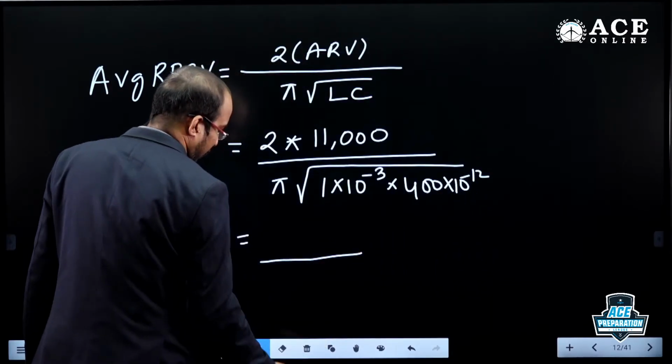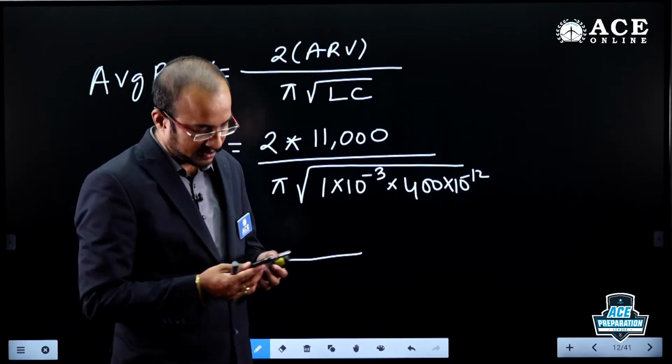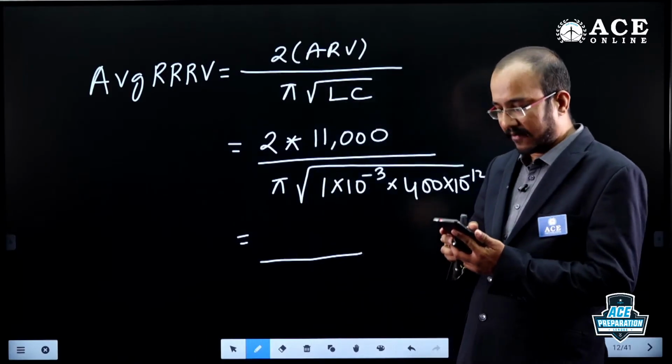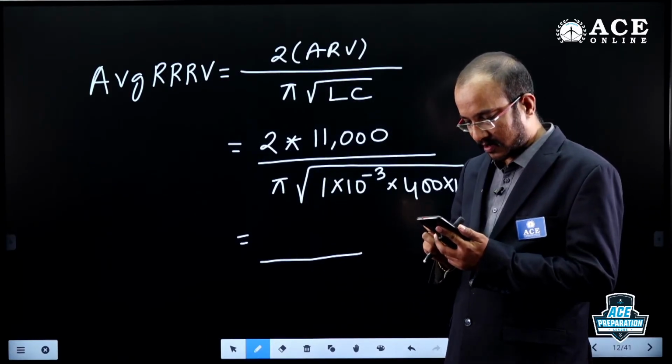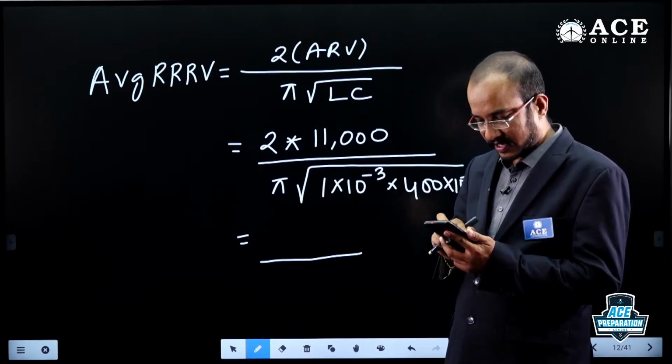If you simplify, you will get the average rate of rise of restriking voltage. So try to calculate the average RRRV.